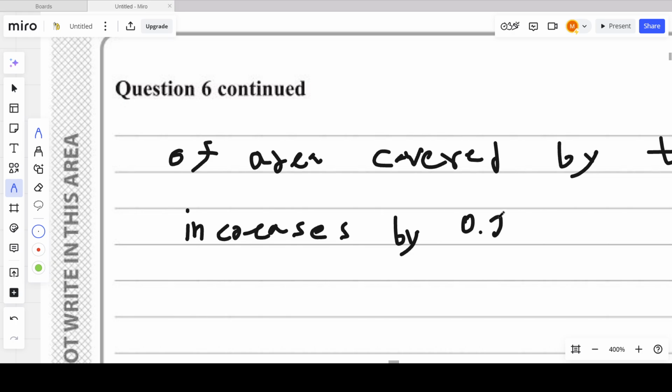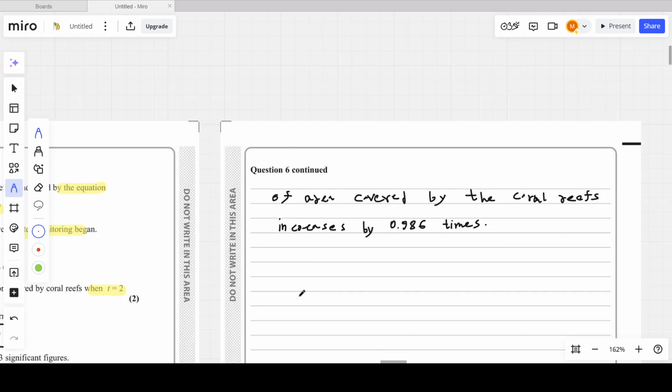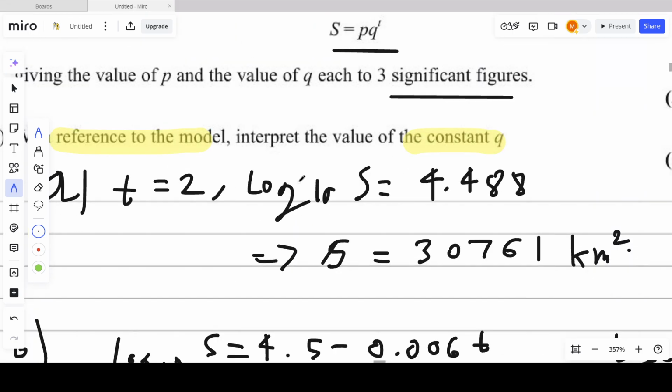This is the value for q, and that's the interpretation for the value of q. And that's all about question number 6.